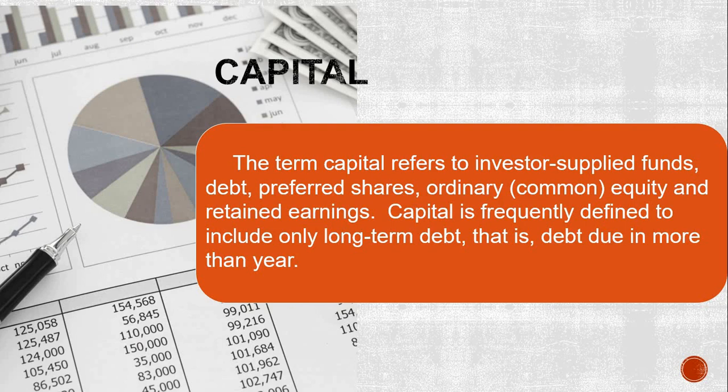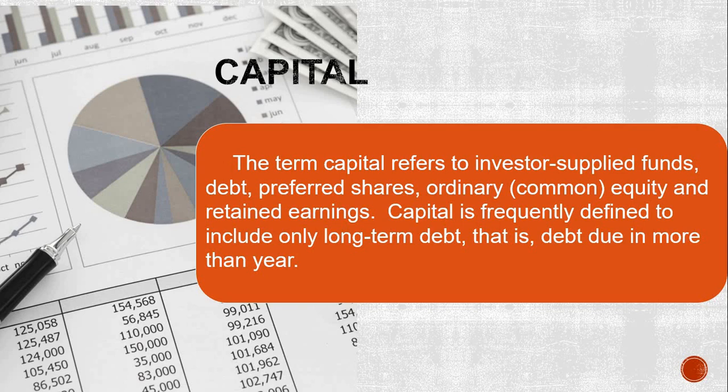Again, the term capital refers to investor supplied funds: debt, preferred shares, ordinary or common equity, and retained earnings. So capital is frequently defined as to include not only long-term debt, that is debt due in more than a year.